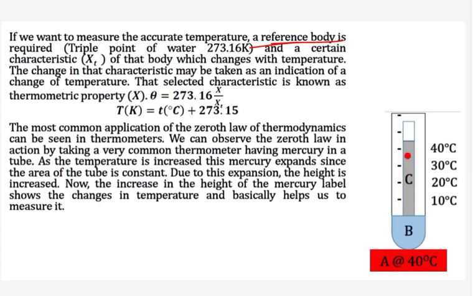What is the thermometric property here? The length, which we have characterized with different temperatures. This length is telling us the temperature of our body A. So here the thermometric property of body C is length. How does the mercury expand over temperature?